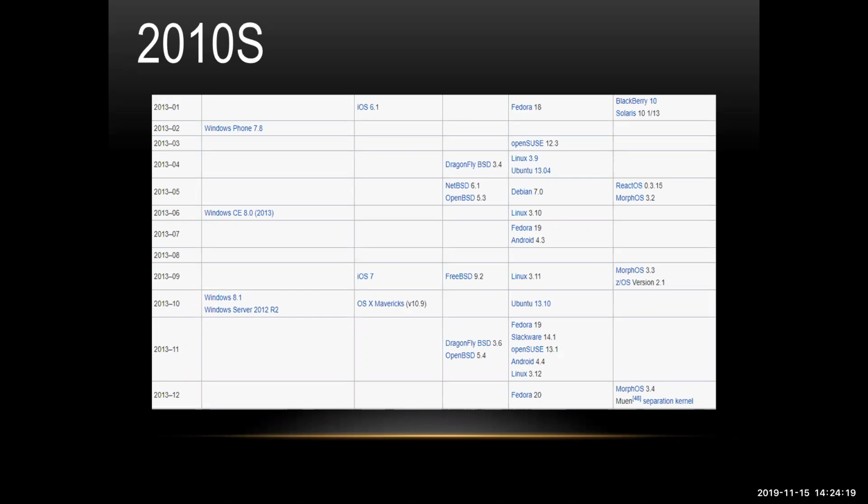And then November, we had the Dragonfly BSD 3.6, OpenBSD 5.4, Fedora 19, Slackware 14.1, openSUSE 13.1, Android 4.4, and Linux 3.12. And then for December 2013, we had the Fedora 20 and MorphOS 3.4, then the Muen separation kernel.